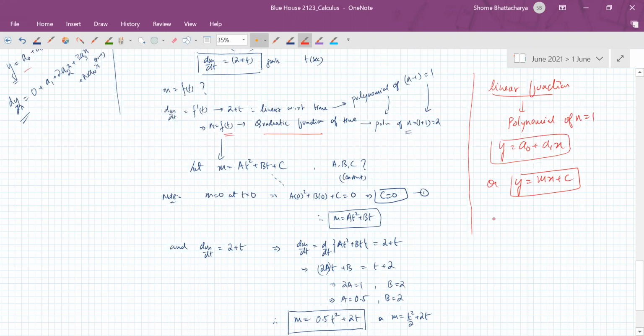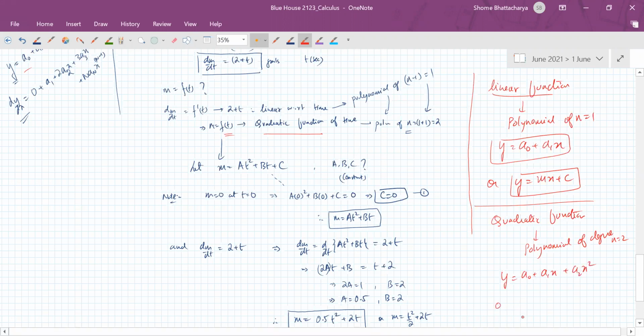Okay. Whereas what is a quadratic function? A quadratic function is a polynomial of degree 2. So we can write it like this, or in the more standard form as ax square plus bx plus c.